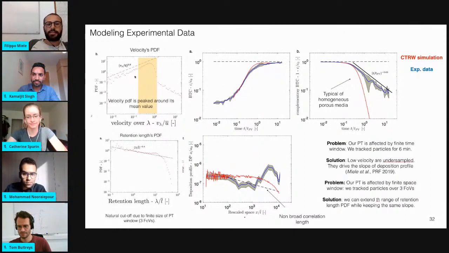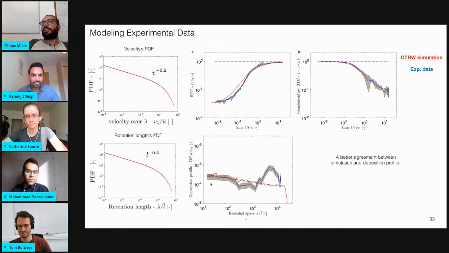Actually, it has exactly the same slope of the power law velocity PDF. While in the other case, to overcome the problem of the finite size of the space window, we extend the correlation length PDF up to the maximum length of our chip.